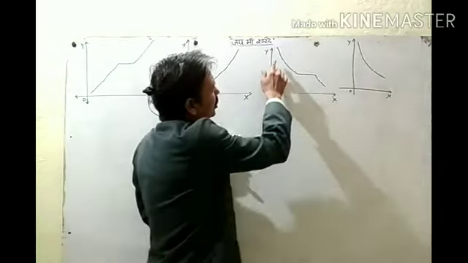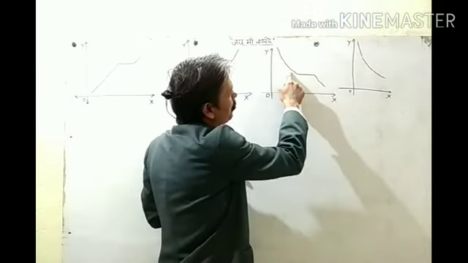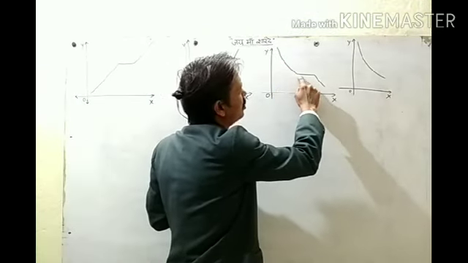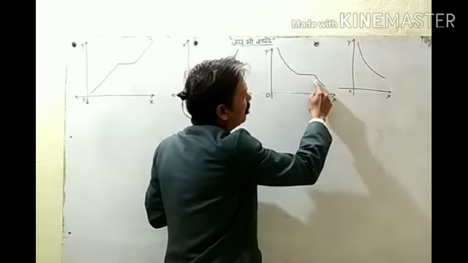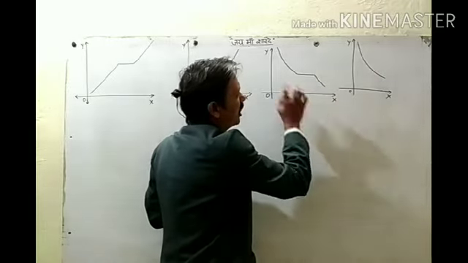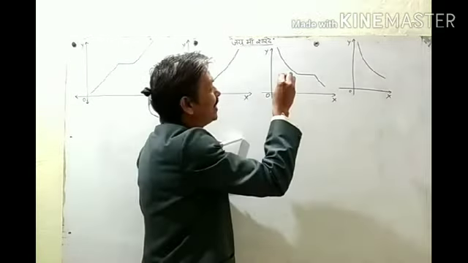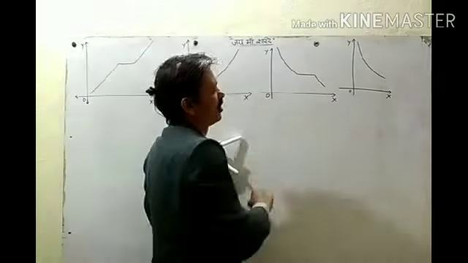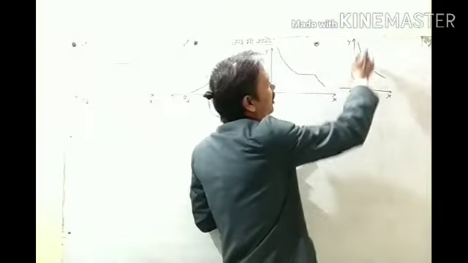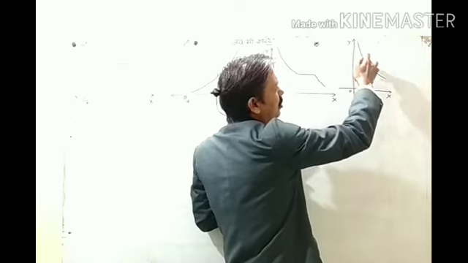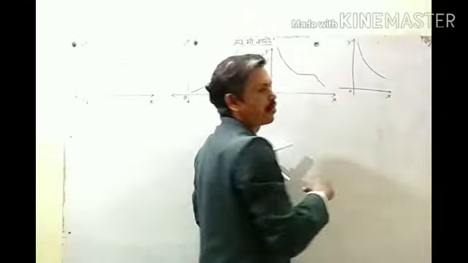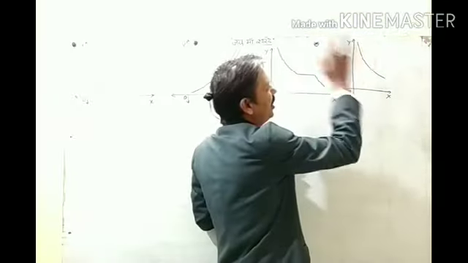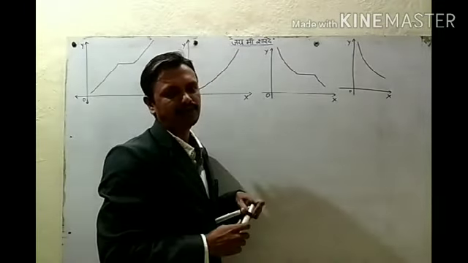Then here this graph is going down, then it is constant and again going down. So this graph shows a decreasing function. Then here this graph is continuously going down, so it is a strictly decreasing function.